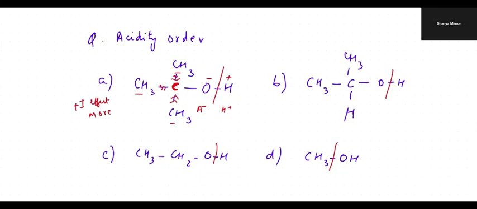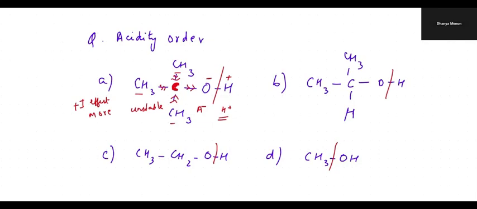Because they are electron donating. So plus I effect is more. So there is accumulation of more negative charge on the carbon atom, which will make the A ion unstable. If this is unstable, it will not lose the H plus ion so easily. So this will go to the oxygen. The negative charge is pulled by the oxygen ion.